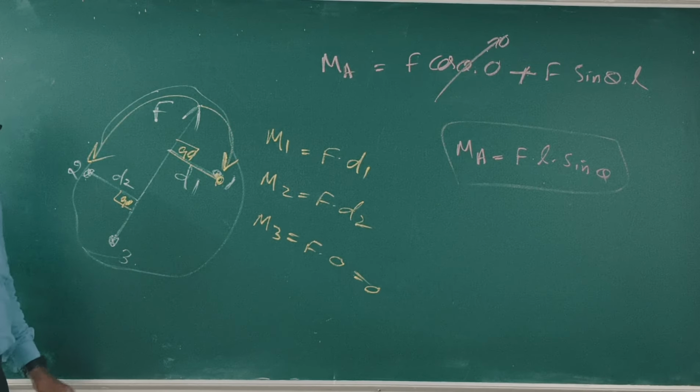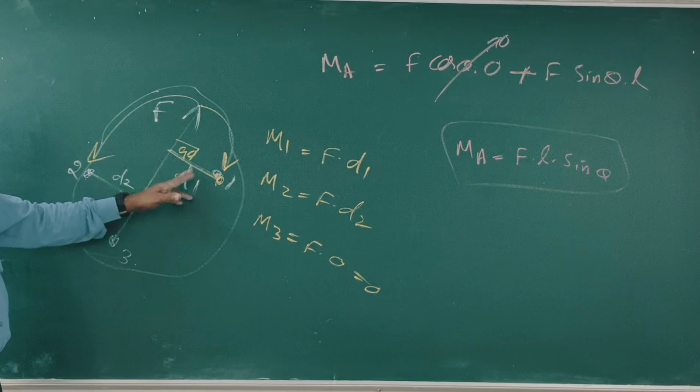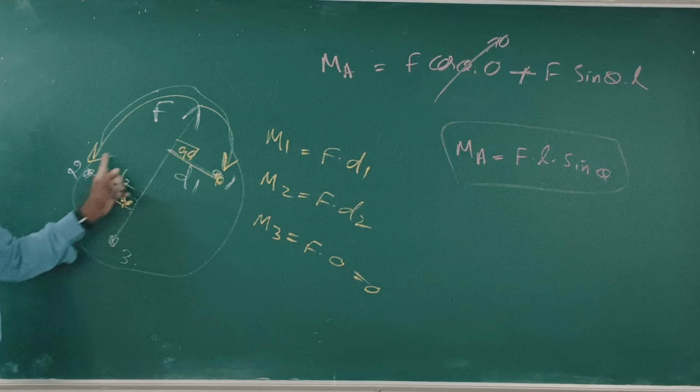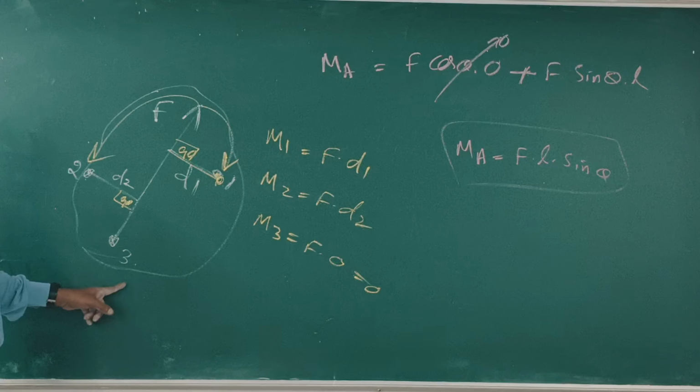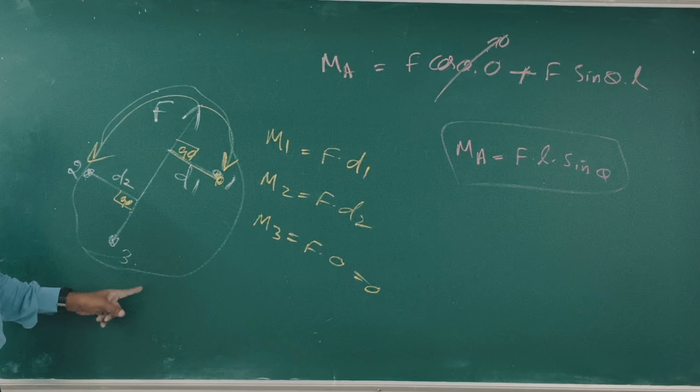Clear? Now, M1 is equal to F d1, M2 is equal to F d2, M3 is 0, because the perpendicular distance is 0.